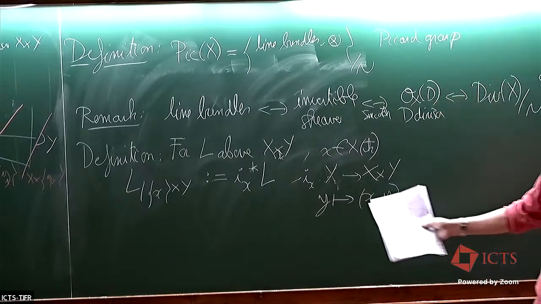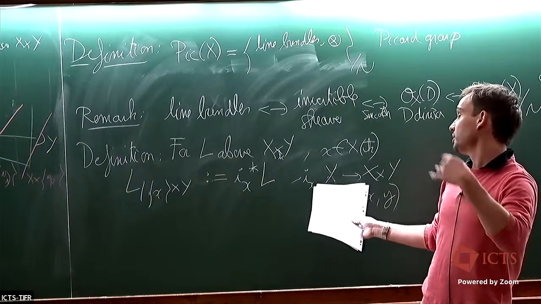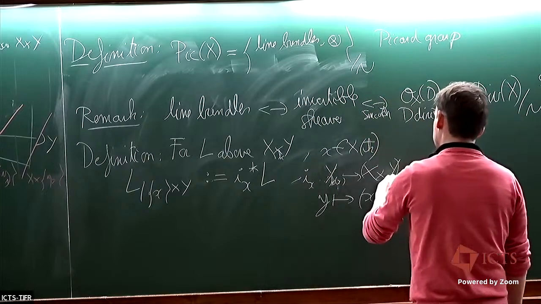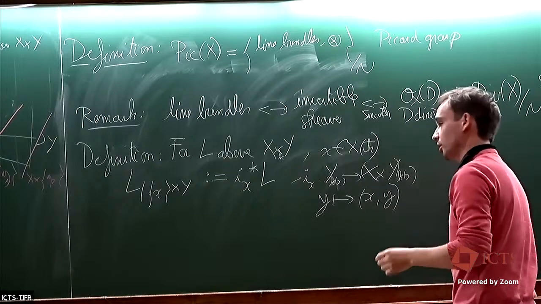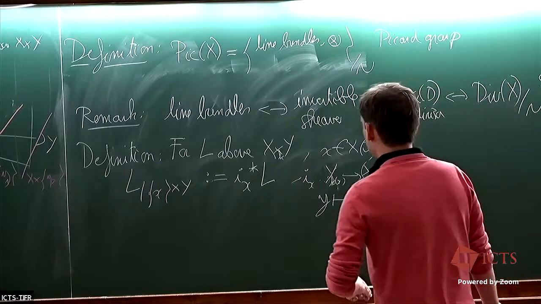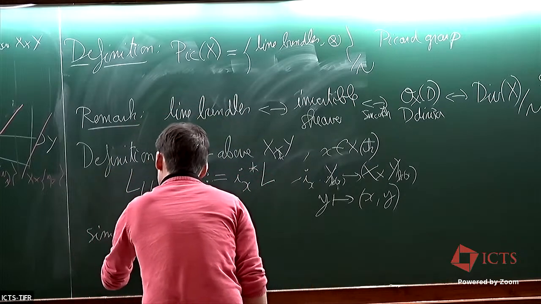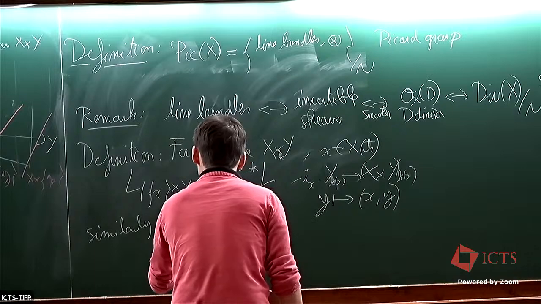This is not always well defined because little x might not be defined over K. So we need to extend slightly over K of x. Otherwise, it's fine. And similarly for when you slice the other way.